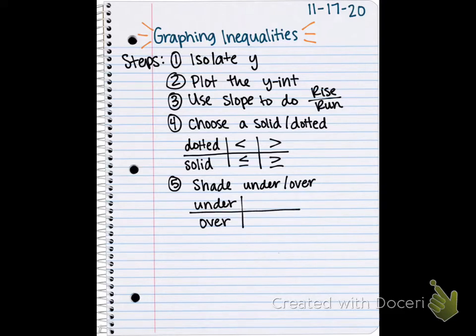You will shade under if you are using a less than sign or a less than or equal to sign. You will shade over if you're using a greater than sign or a greater than or equal to sign. So if you have a solid line like this, and your inequality has a greater than or equal to sign, you would just shade above this line just like that. If you have some fun little colors, you can always bring those out. Make your math notes fun and colorful.